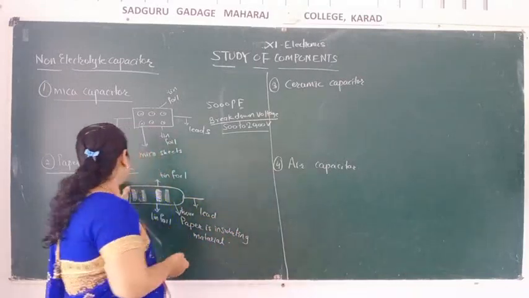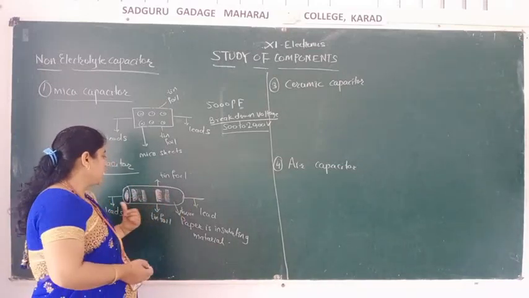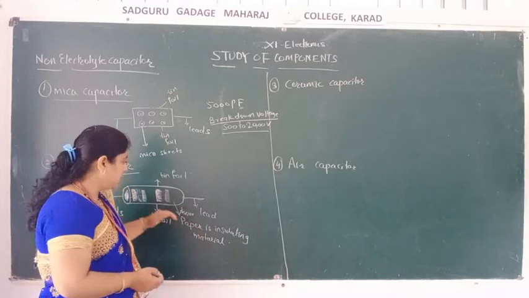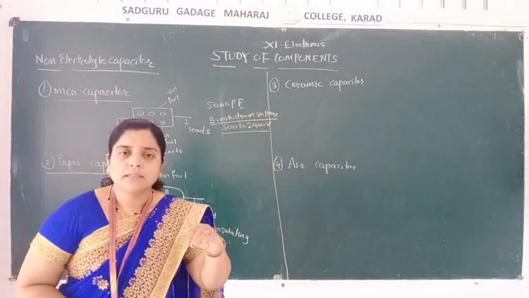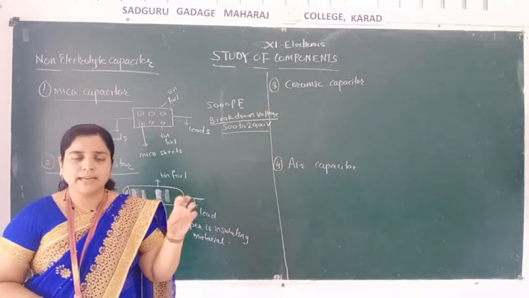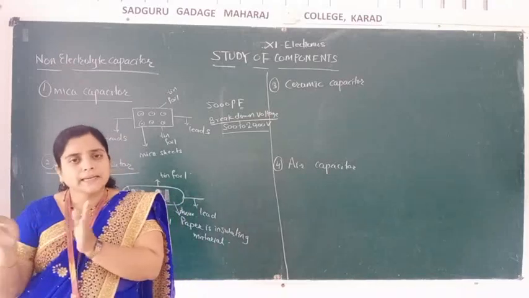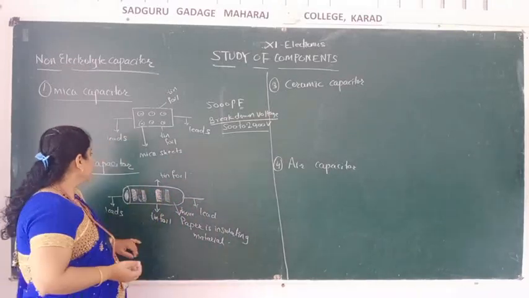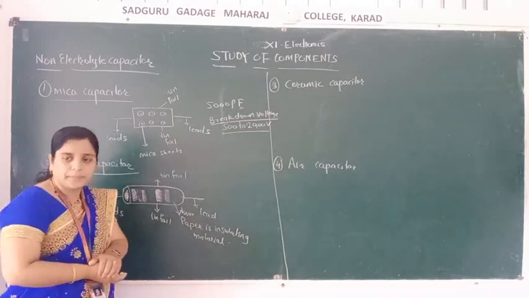So this paper capacitor has two tin foils with two leads, and inside, tissue paper is used as the insulating material. Paper plates are connected to each other to make one terminal, and again 2 or 3 paper plates are connected to make the second terminal. This is a very simple non-electrolyte capacitor, the paper capacitor.